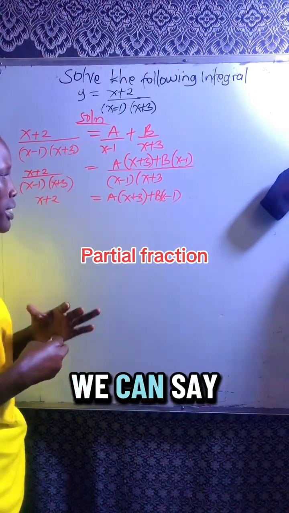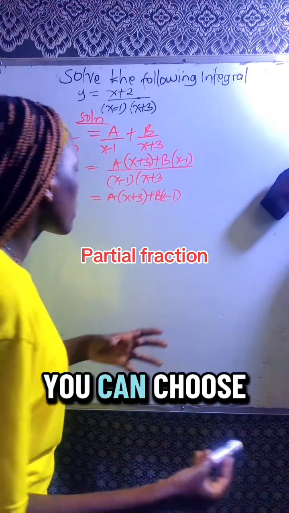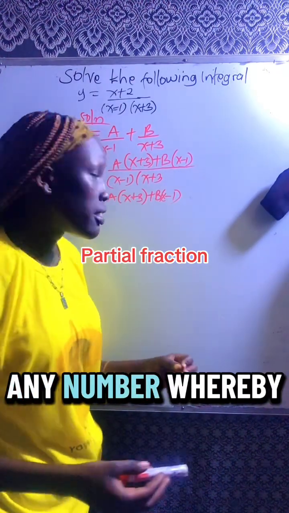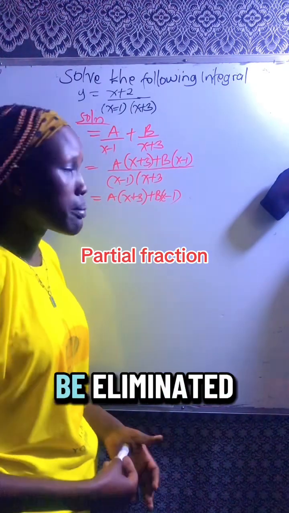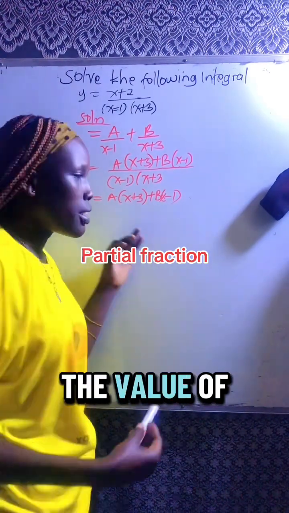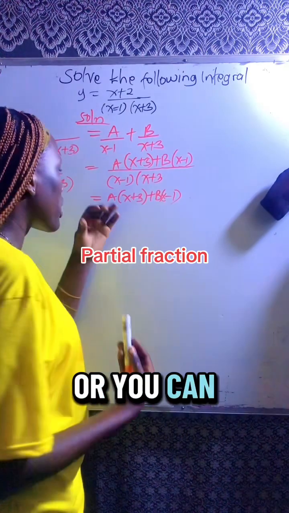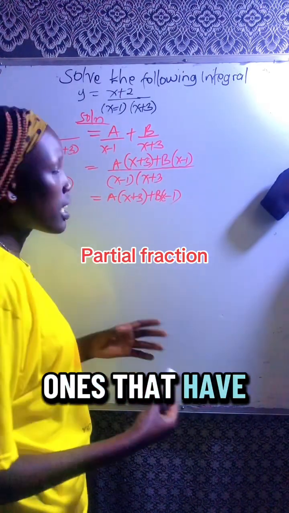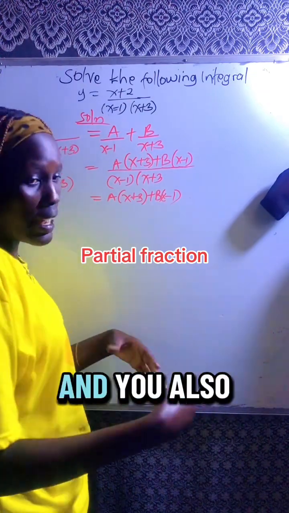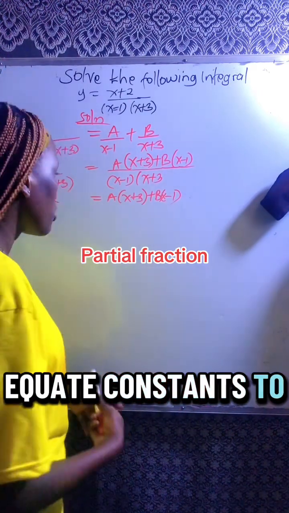From here we can say, putting x equal to any number you choose, whereby one constant can be eliminated, then you find the value of the other constant. Or you can open the brackets, expand, then equate the terms that have the same power, and also equate constants together.